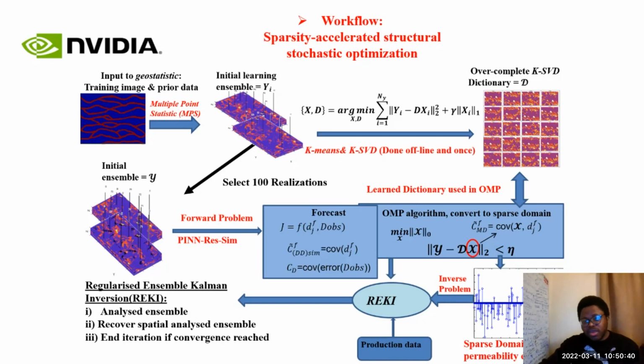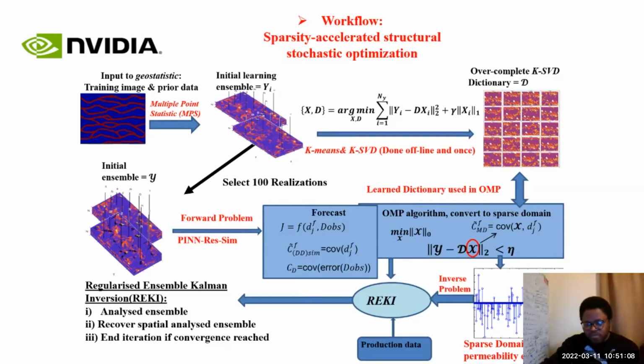Then you learn your KSVD over-complete dictionary, and you don't do it once and offline and keep it in a folder. During history matching, you solve the forward problem with the PINN that we just developed. The PINN replaces our forward model, and then we form covariances, and then we convert our permeability field to the sparse domain using orthogonal matching pursuit.